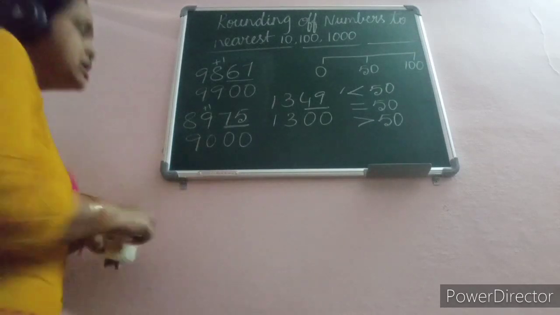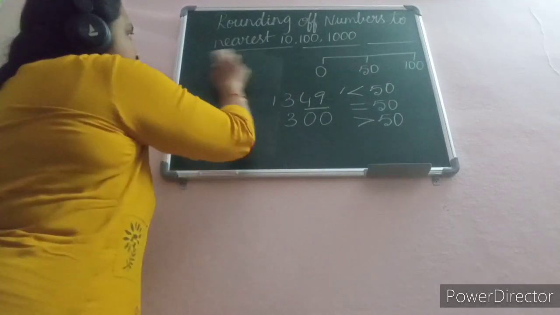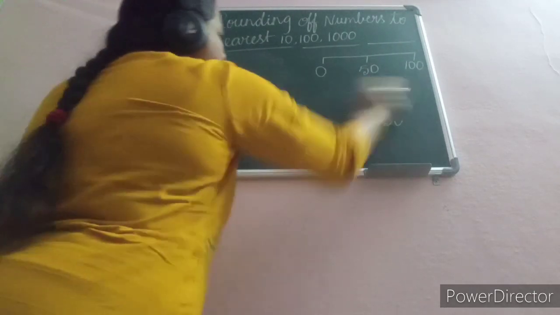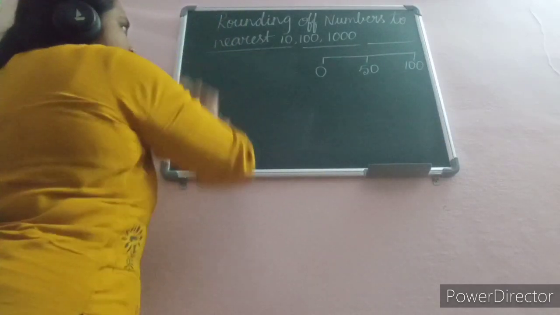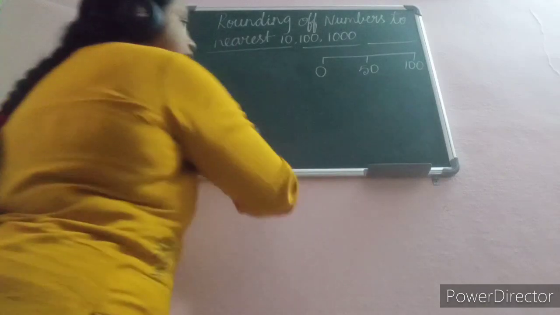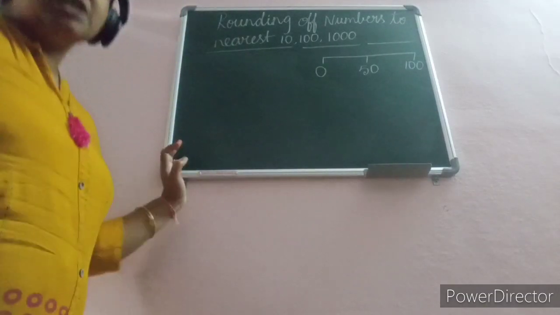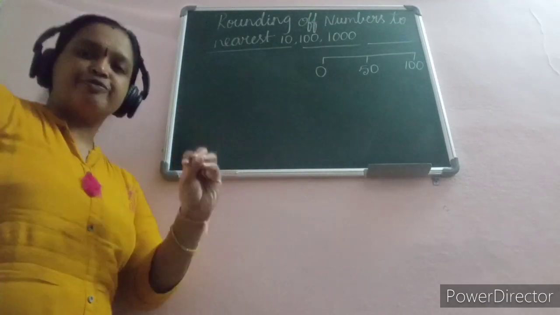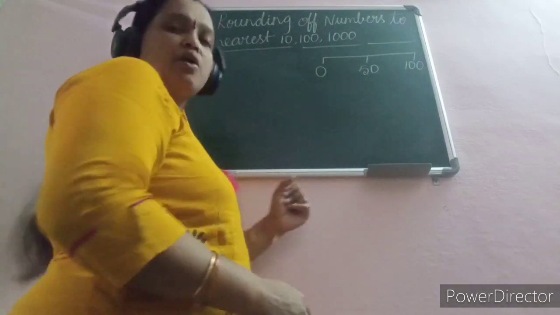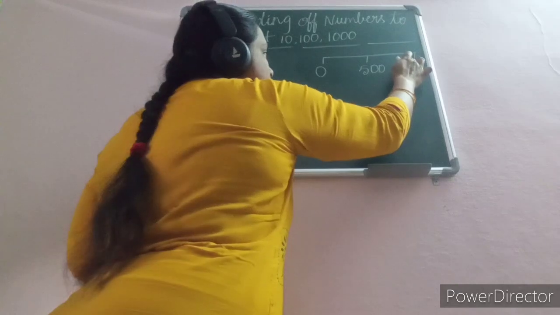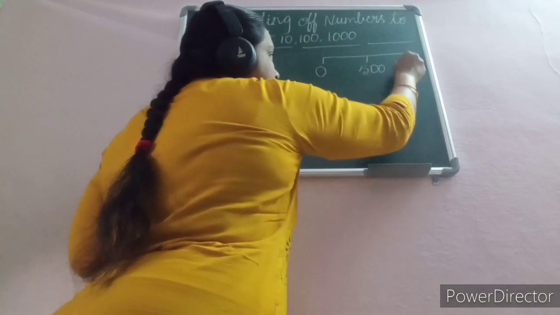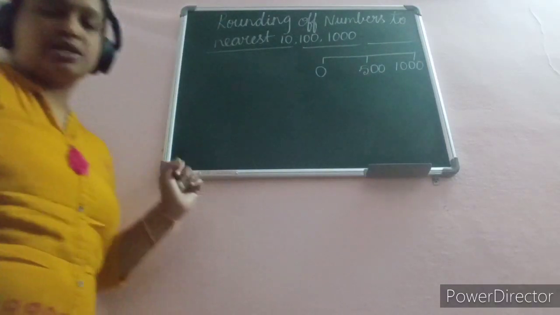Okay. Now let us come back to how to round off to nearest 1000. How simple it is, right? So only the midpoint you should remember, whether you are rounding off to nearest to 10, 100 or 1000. It is all like 5, 50, 500. Now as we are rounding off to nearest to 1000, midpoint is going to be 500 and your ending number is 1000.